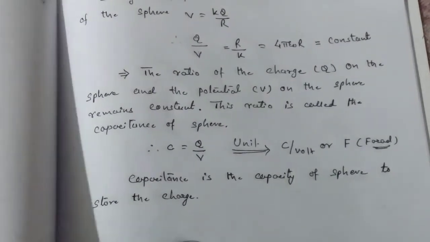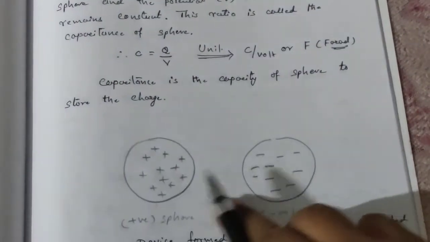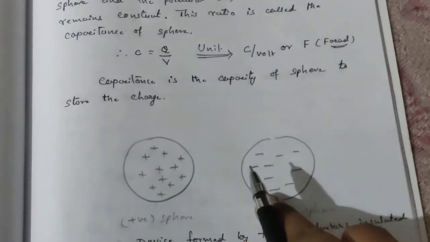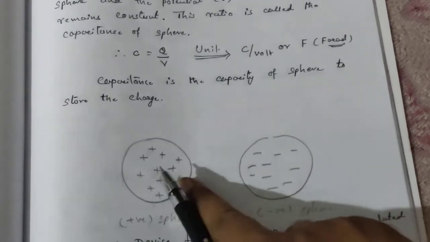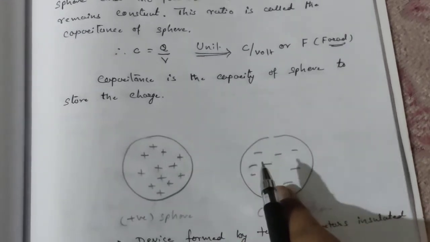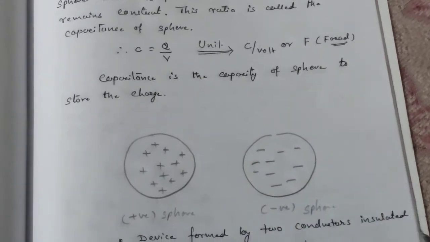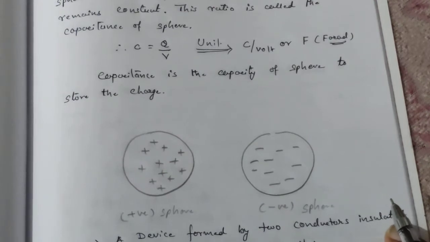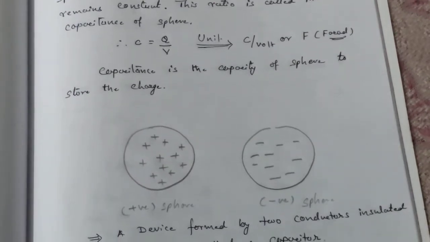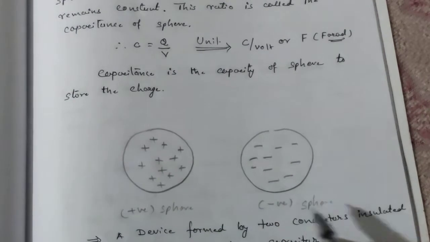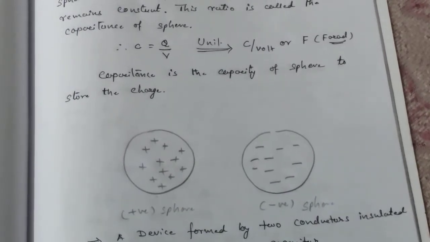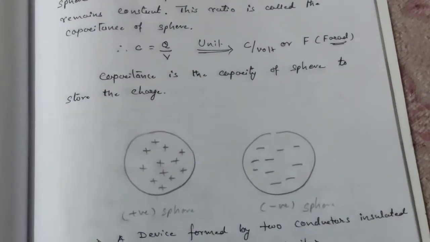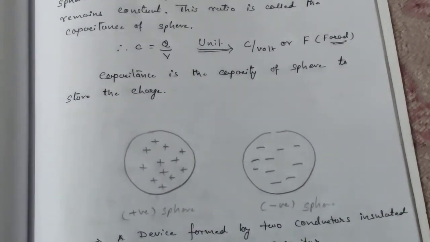Now when we put another plate near the first sphere, due to natural phenomena the other one becomes negatively charged. Remember, this sphere is also commonly known as a plate, and when this type of device is formed, the device is known as a capacitor, because it is simply storing the charges.